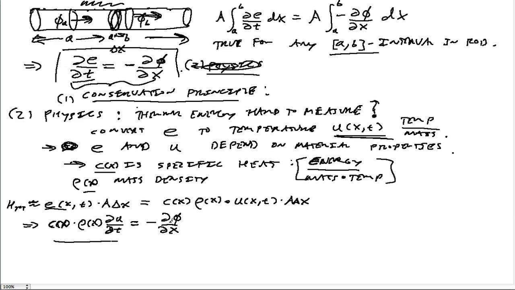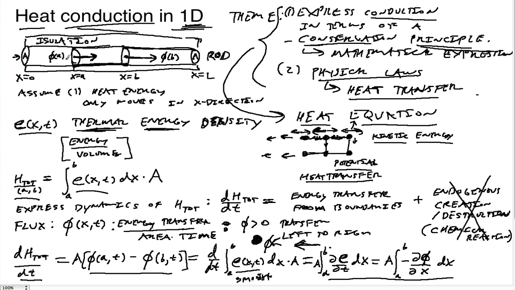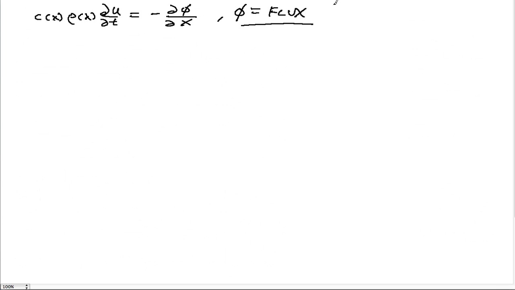So the next thing we need to do is talk about this heat flux. What exactly is this? This is where our physics comes in again, and we're going to have to go to a new sheet of paper. All right, so again we have our specific heat times our mass density times u, the time derivative of our temperature, which is equal to the negative derivative of phi of x. So what we want to do is define what this flux is.